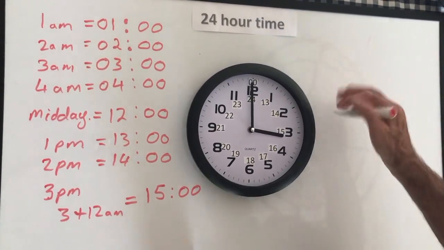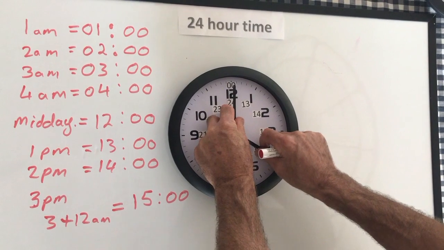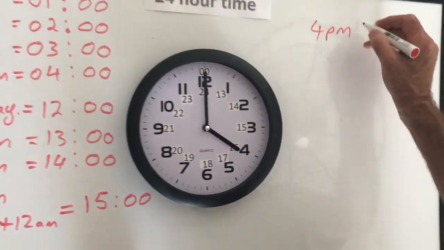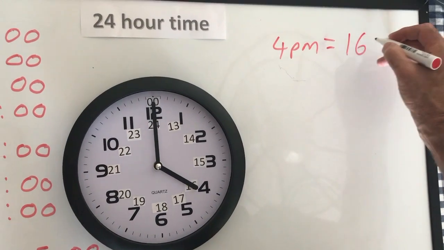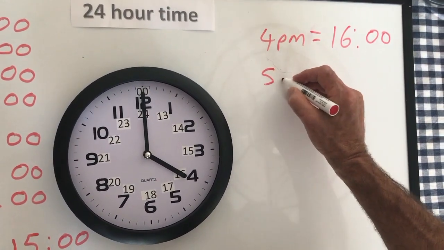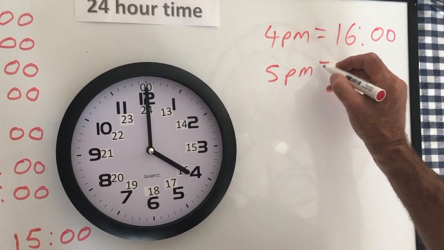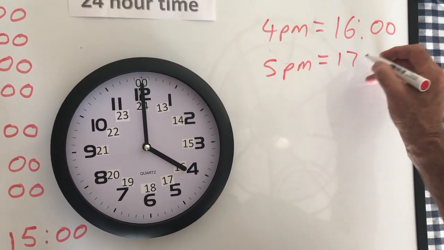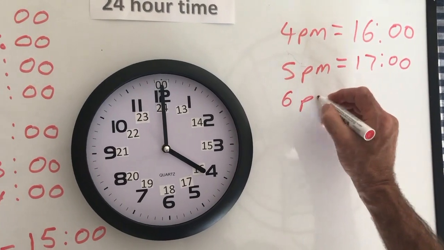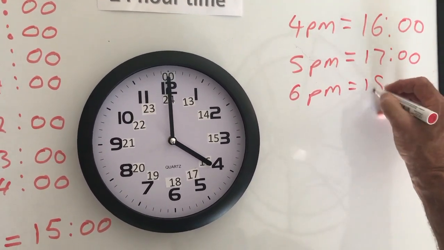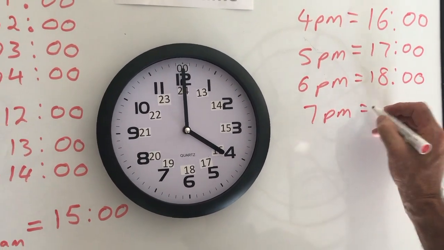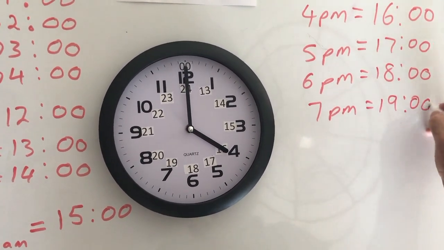If we continue, 4 o'clock in the afternoon is 16 hours. 5 o'clock is 17 hours. 6 o'clock is 18 hours. 7 o'clock is 19 hours.